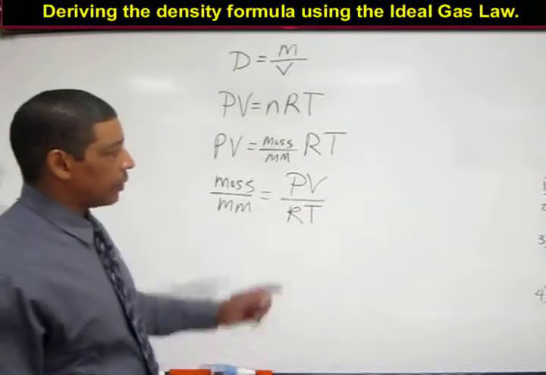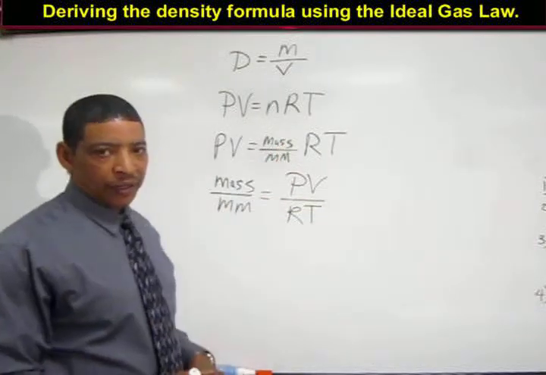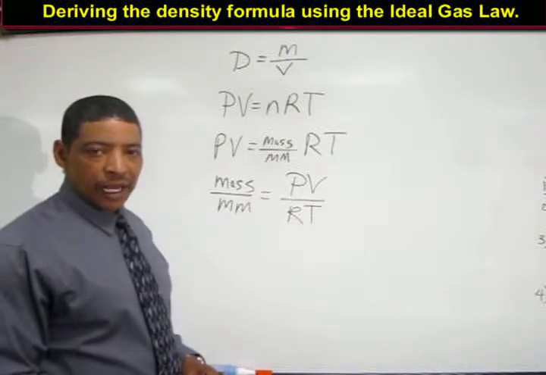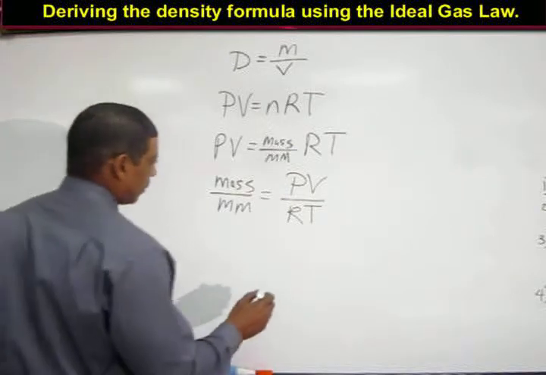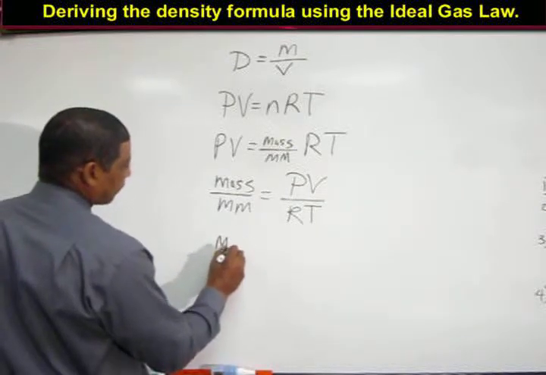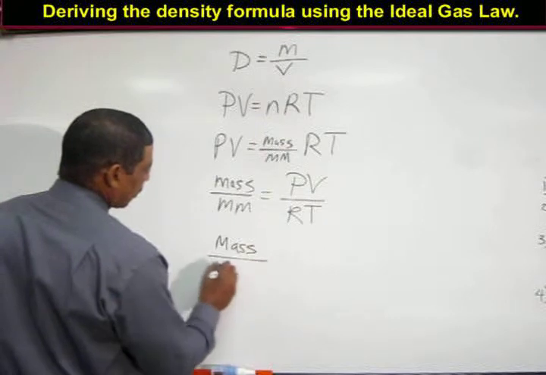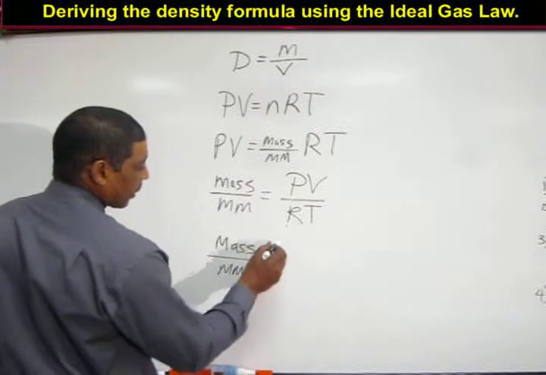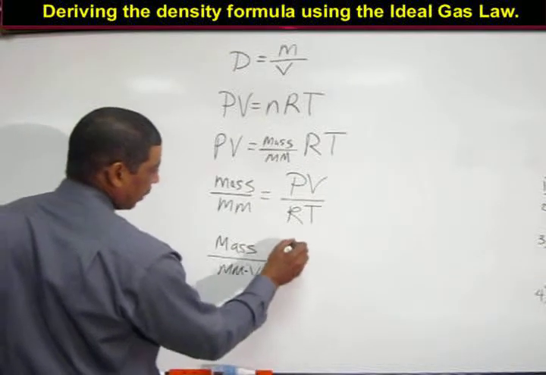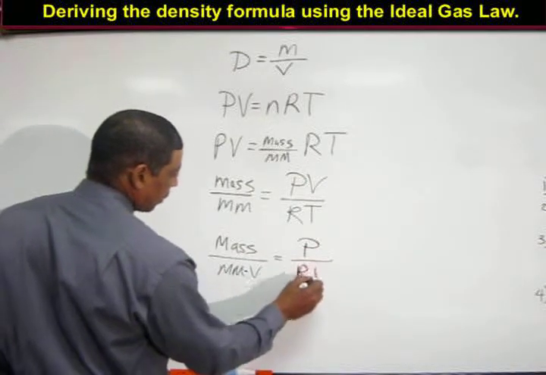I'm simply isolating mass divided by molar mass from the ideal gas law. Also, mass over molar mass V is equal to P over RT.